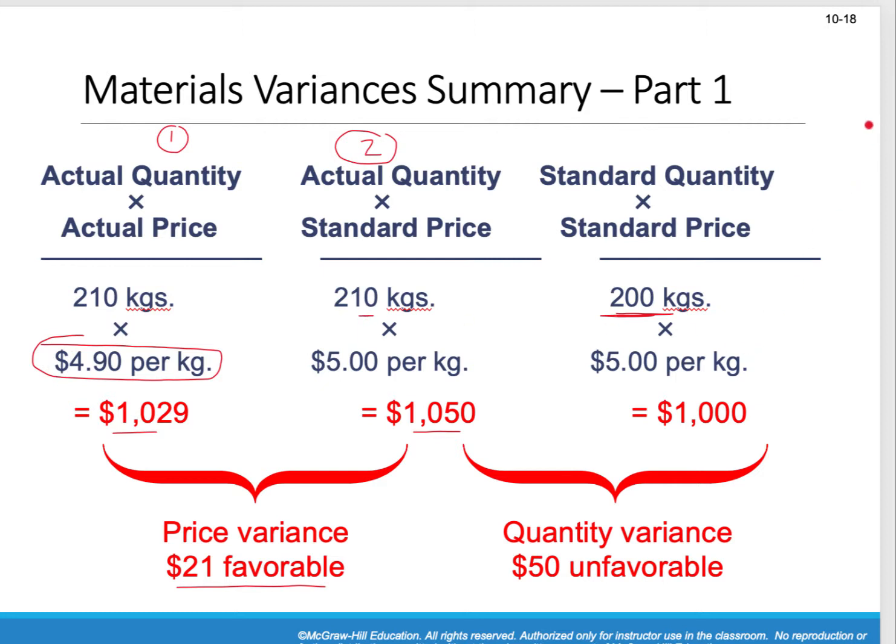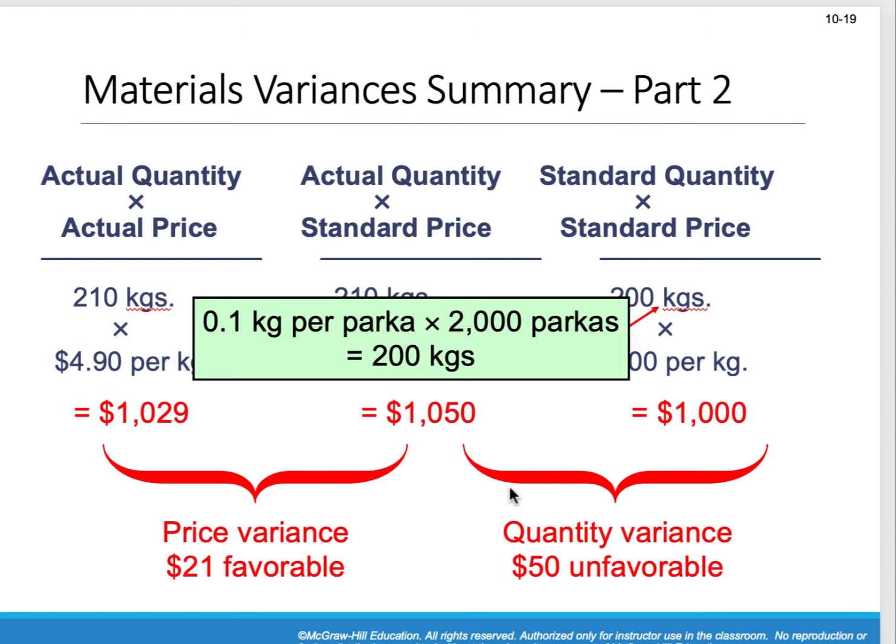However, in this equation 3, we have to multiply that by the standard price, which is $5. So looking at the difference between the quantity used versus what we should have used at the standard price, we see that there's a discrepancy. We actually paid $1,050, but the standard says we should have paid $1,000. So the quantity variance is actually unfavorable by $50.